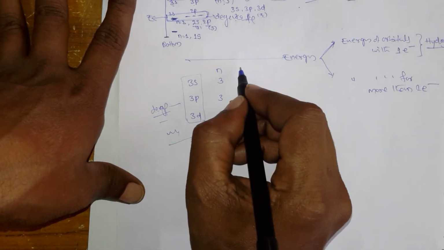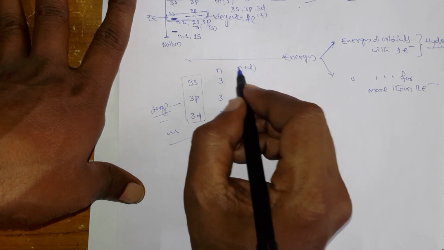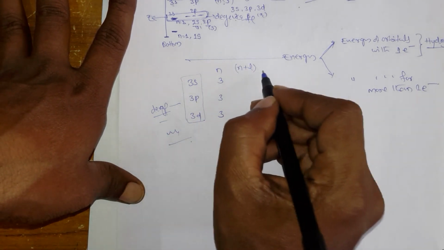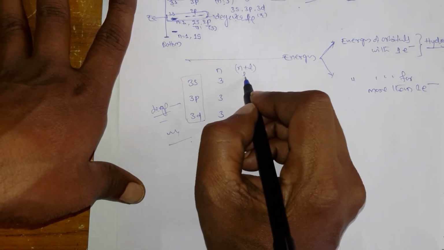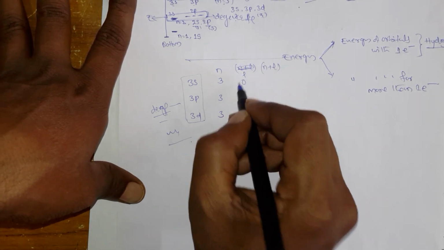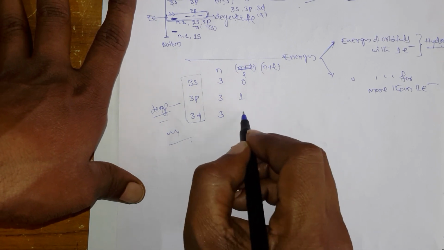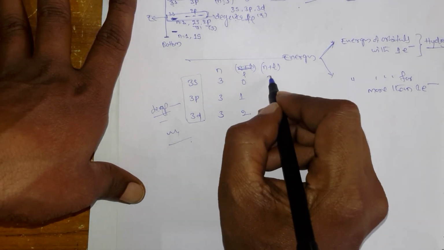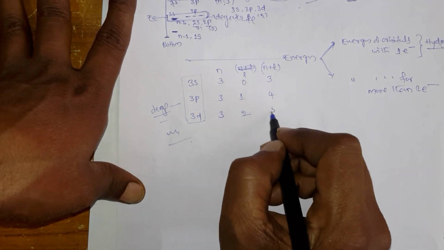So then what will happen? You have to calculate the n plus L value. What is L for s? The L values: for s it is 0, for p it is 1, for d it is 2. So the n plus L is 3, 4 and 5.